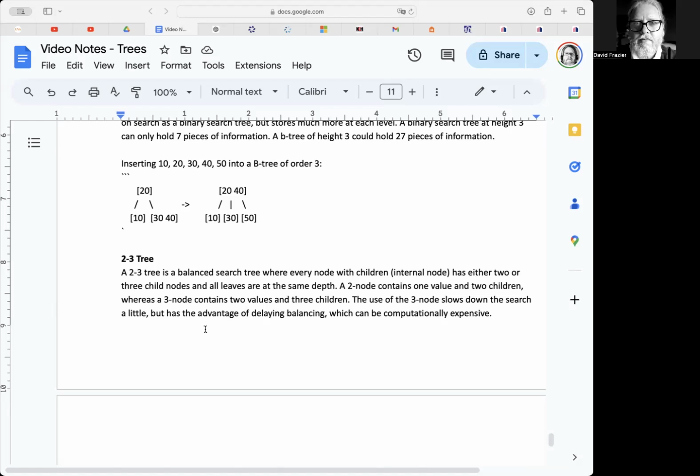Okay. What this does for us, it allows us to defer balancing. Okay. So we can hold off a little bit longer before we have to balance. So fewer balances depending on other factors. The fewer the balances you have, the better the performance is going to be. Okay. So that's kind of the idea there.